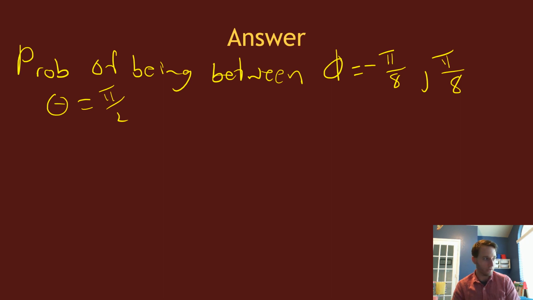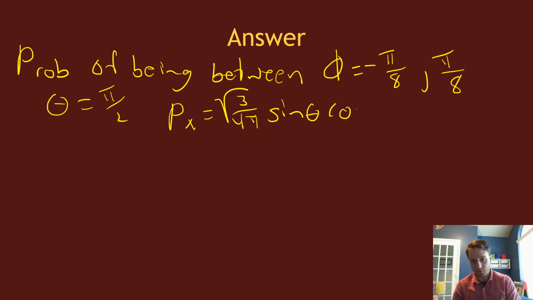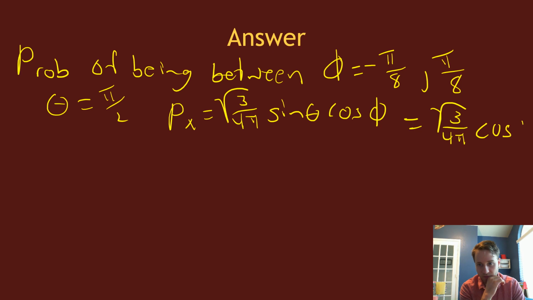Again, our wave function, which is px, is square root of 3 over 4 pi sine theta cosine phi. The theta part at pi over 2 is just equal to 1, and we're not integrating over it, it's just at specifically pi over 2. So we don't need to worry about that. At this point, this simplifies down to just square root of 3 over 4 pi cosine phi.